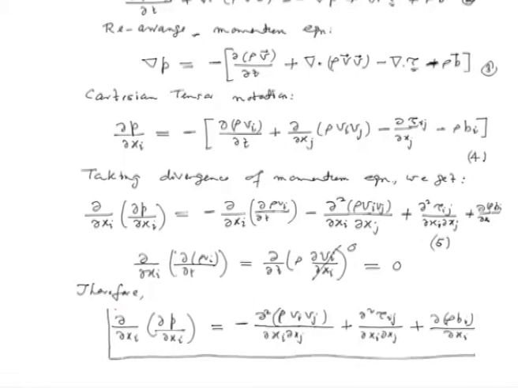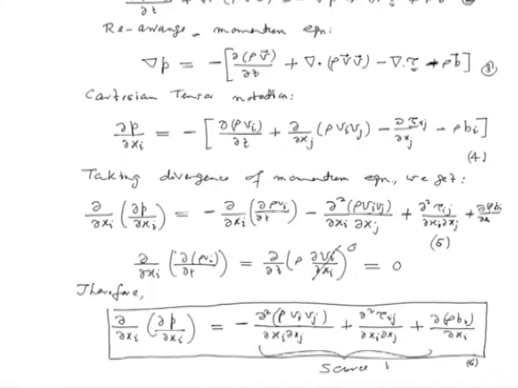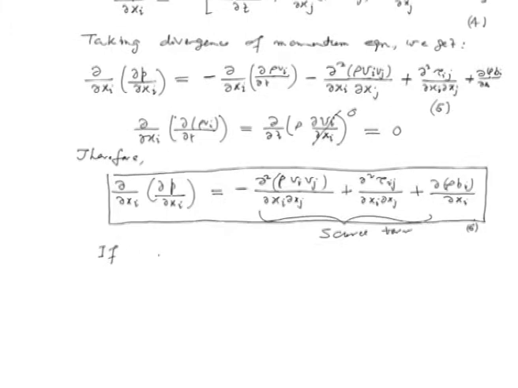Now, this equation has a form very similar to our Poisson equation. On the left hand side we have the Laplacian of P, and the right hand side represents a sort of source term. So, this is our Poisson equation, wherein we have still maintained the possibility that viscosity may not be constant. In fact, we will get a simplified form if viscosity is assumed constant.